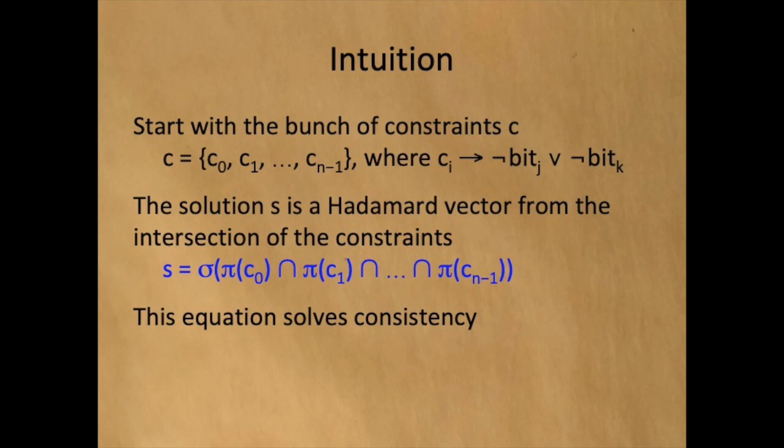So this equation S equals sigma of pi of C0 intersect pi of C1 intersect pi of Cn-1 expresses what we want to happen. We're going to project something from each constraint, we're going to intersect those results together, and then we're going to select a Hadamard vector from the final result. Note that this equation solves consistency.